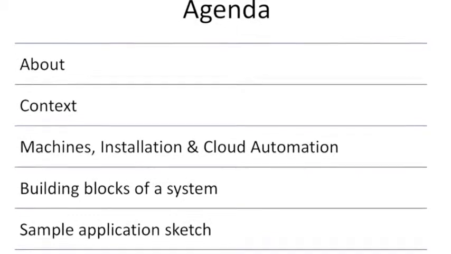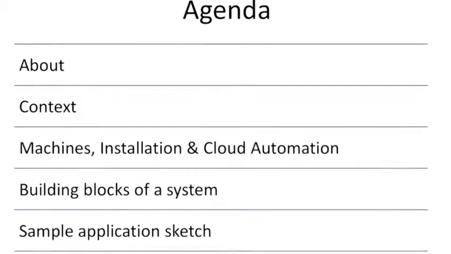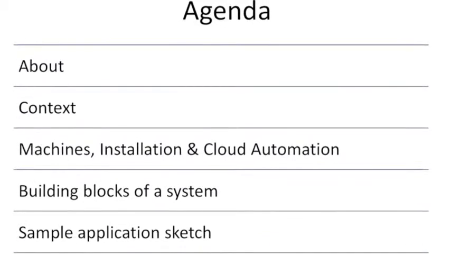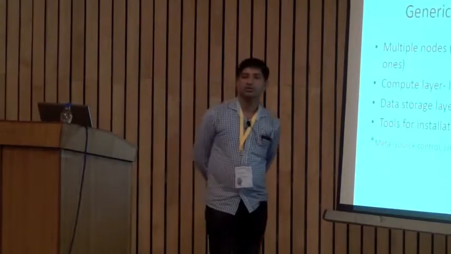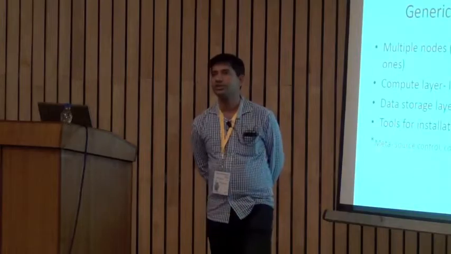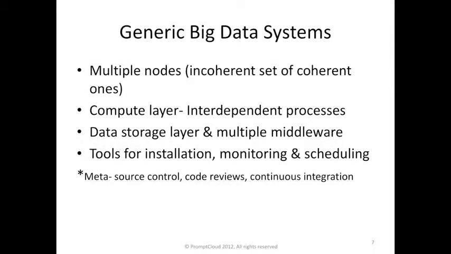Yeah, so if you build a system for big data, you will eventually end up with multiple nodes in a coherent set. What it means is you will have 10 servers which deal with DB related stuff, 14 servers which deal with job scheduling or one kind of job, and another 13 which deal with something else.